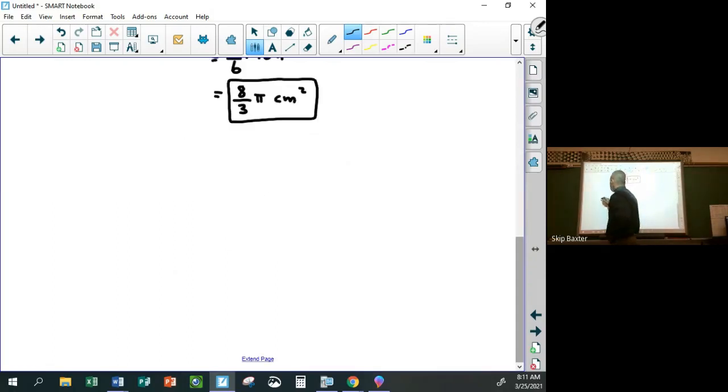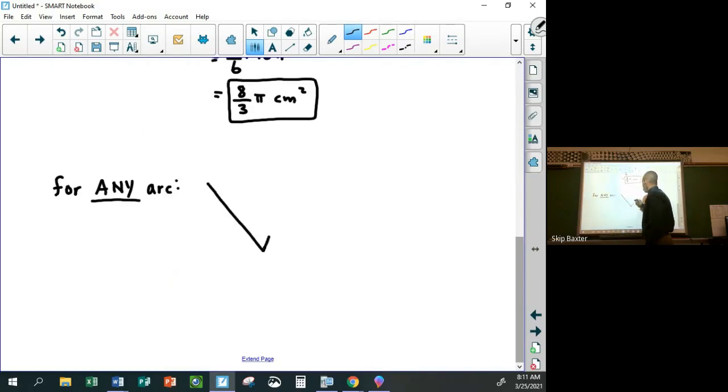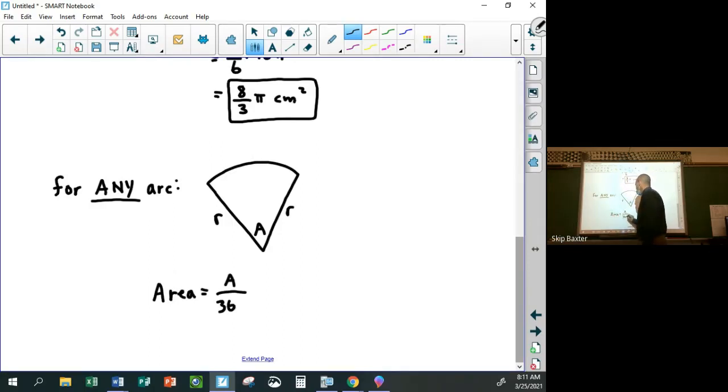If I have any arc, so this is just a generic representation of any arc. If you know the measure of this angle, let's just say it's A, and you know this is R, then the area is just going to be A over 360 times pi r squared.